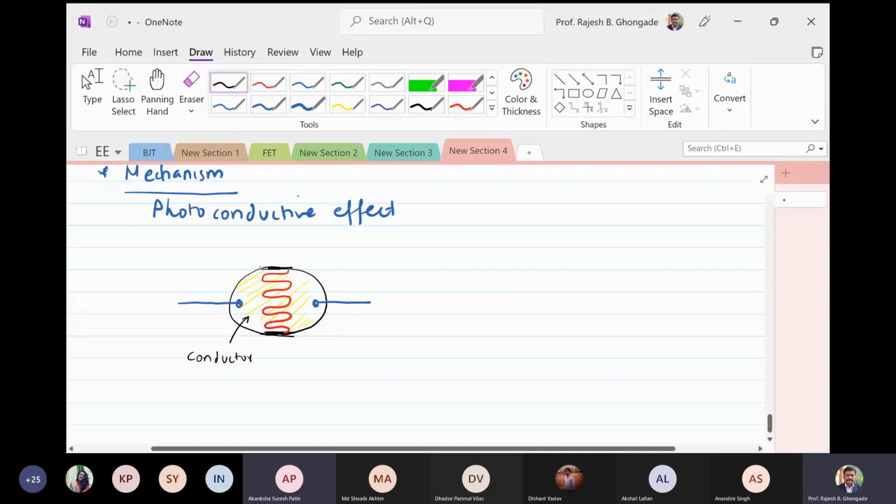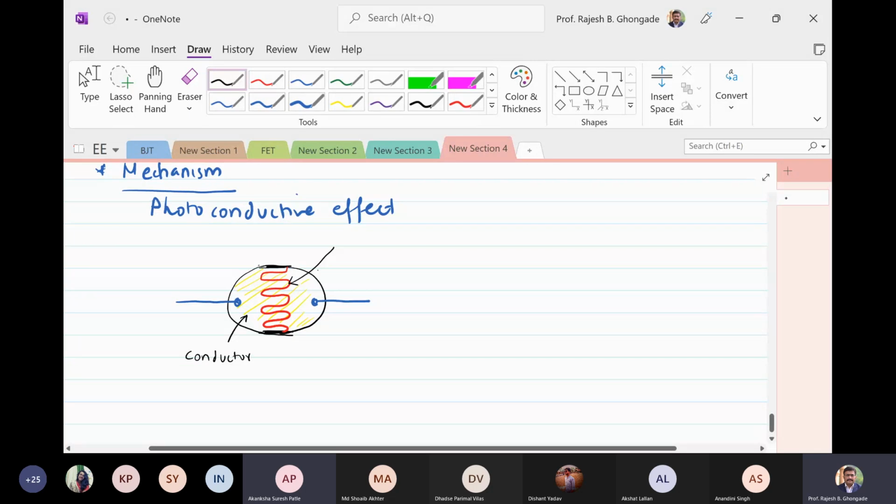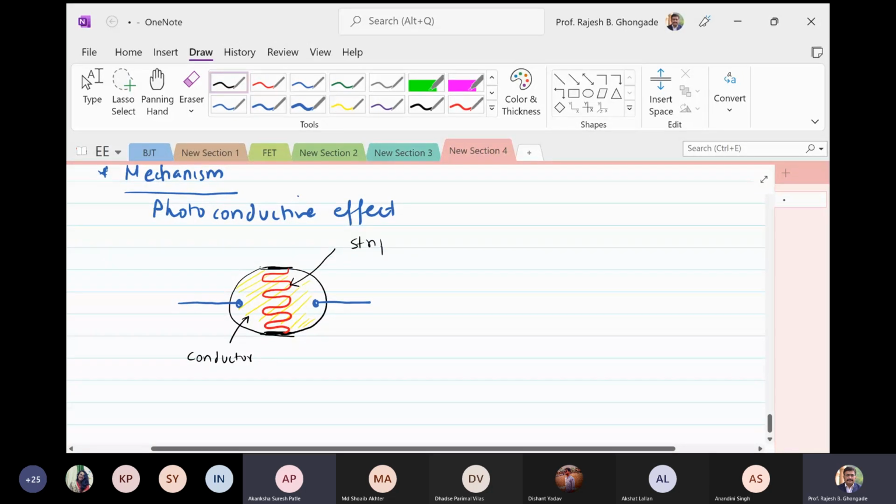This thing is a strip of photosensitive material.